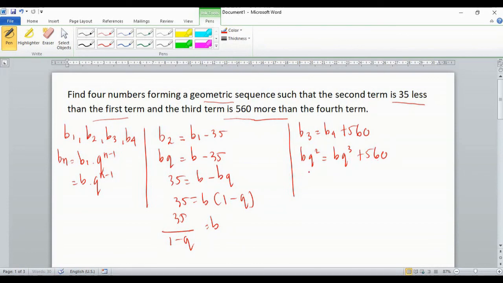But before we substitute, let me write like this one. bk squared minus bk to the power 3 equals 560. So b k squared minus k to the power 3 is equal to 560.